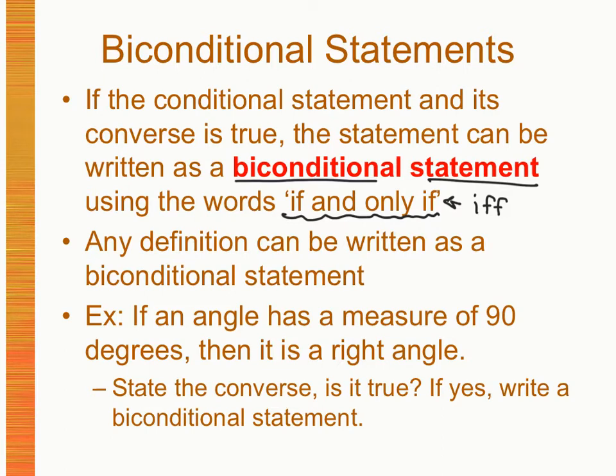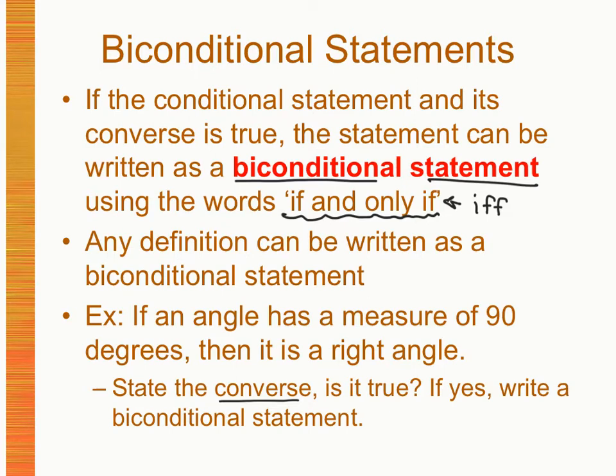So any definition can be written as a biconditional statement. Here's our example. If an angle has a measure of 90 degrees, then it is a right angle. We want to first state the converse, decide if that converse is true, and if it is, then write a biconditional.